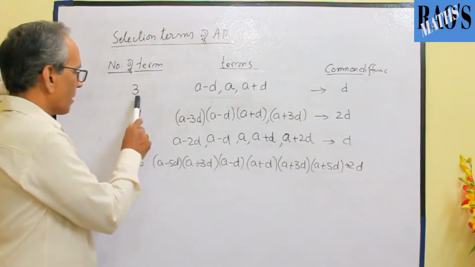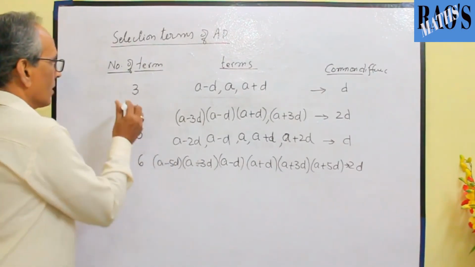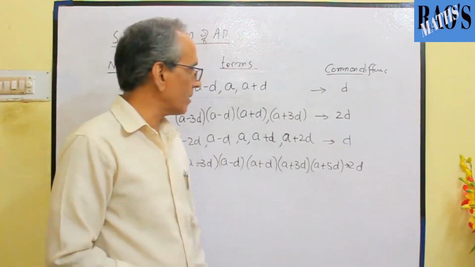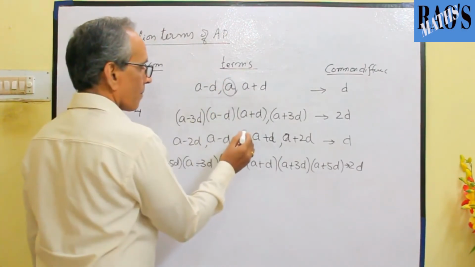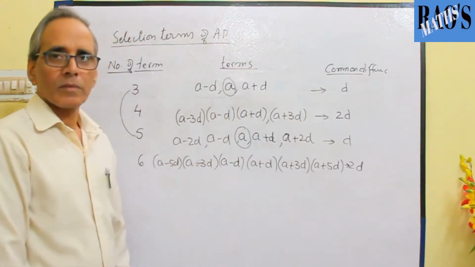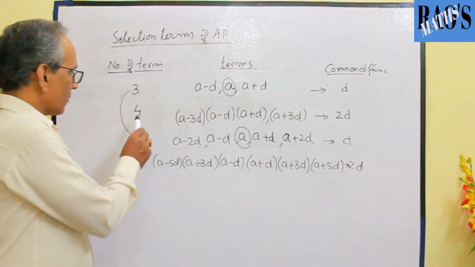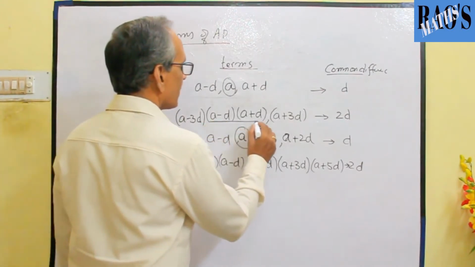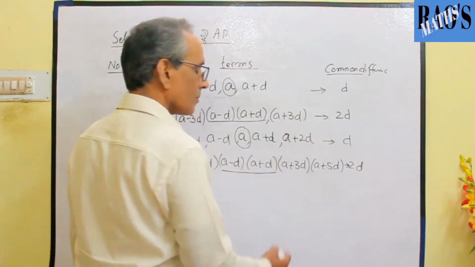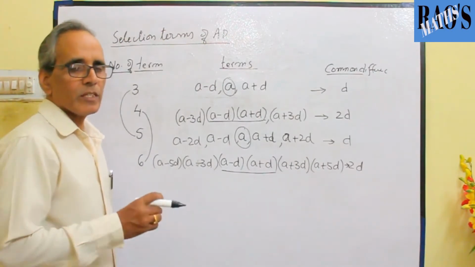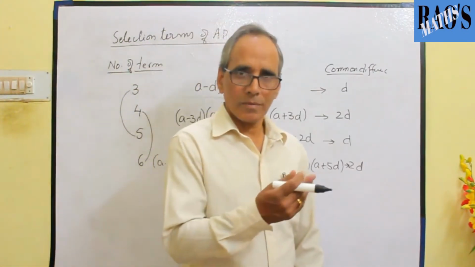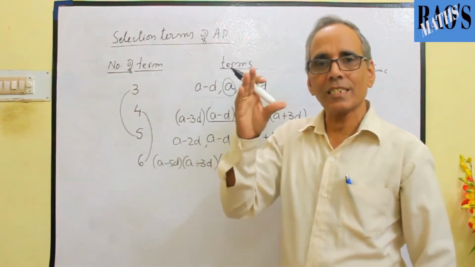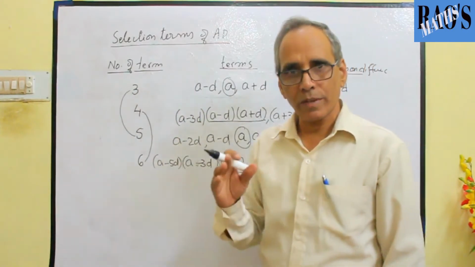If we want an odd number of terms, as for 3 and 5, the middle term must be A. If the number of terms is even, the middle 2 terms are A minus D and A plus D. This way you define the required number of terms of an AP, that is, the selection of terms based on the number of terms we require.